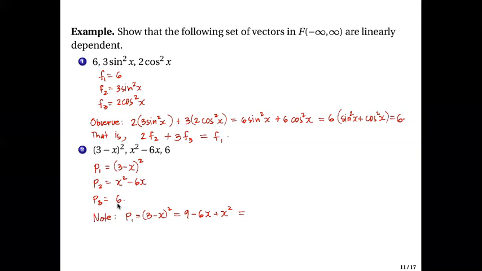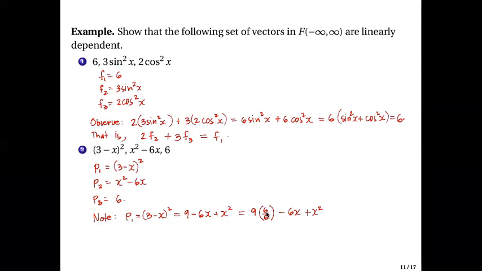So you can write this as 9 times 6 over 6, minus 6x plus x squared. I chose 6 over 6, this is just 1.